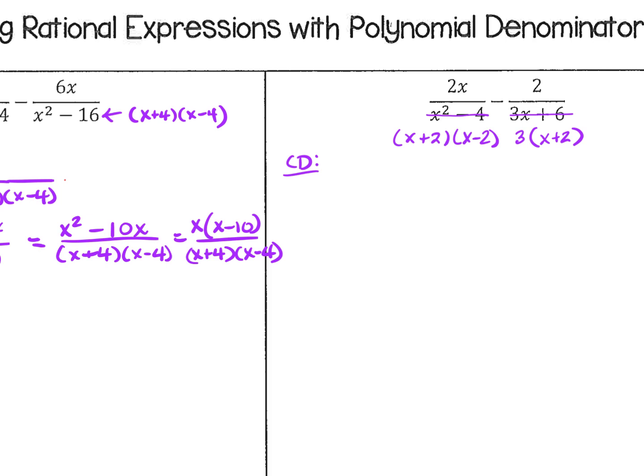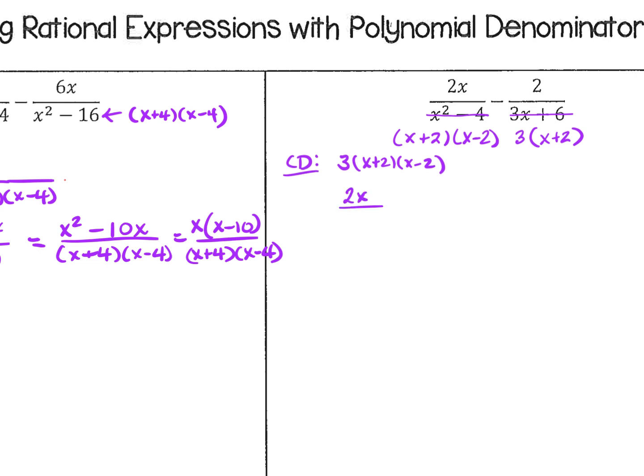What are all the factors that I need between those two? I need an x plus 2. I need an x minus 2. What else is there to account for? The 3. So that's the whole common denominator, isn't it? All right, so now let's adjust.